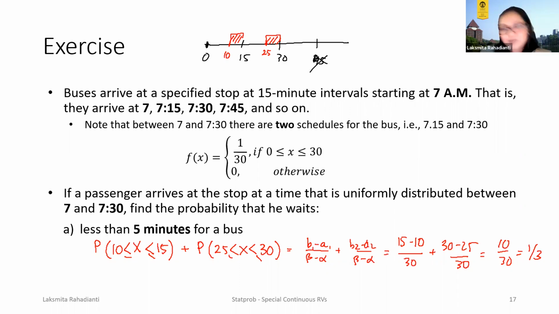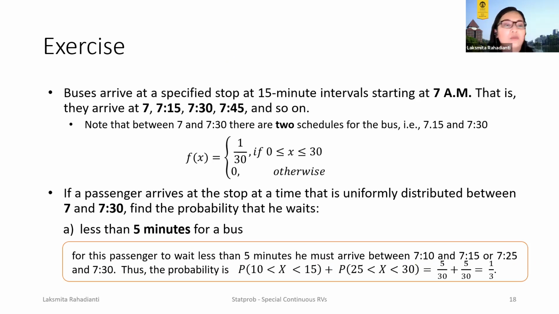So this is probably the biggest challenge, which is to translate that into the correct mathematical formula. I think I have the key somewhere here. Yes, I do. For this passenger to wait less than 5 minutes, he must arrive between 7:10 and 7:15, or 7:25 and 7:30.